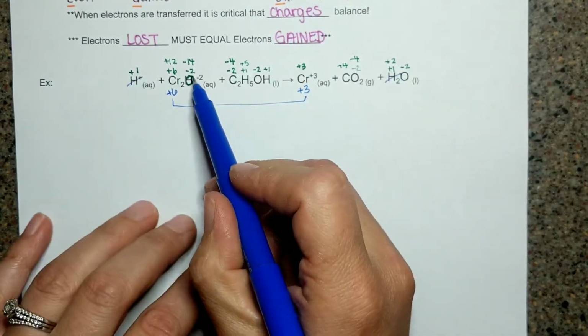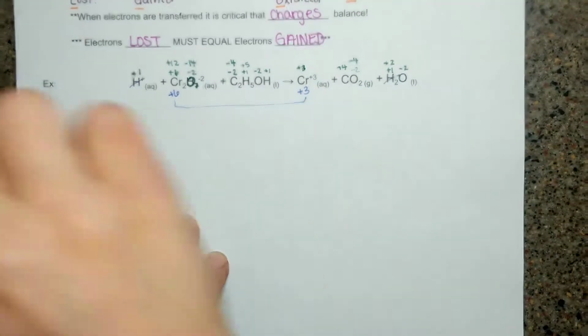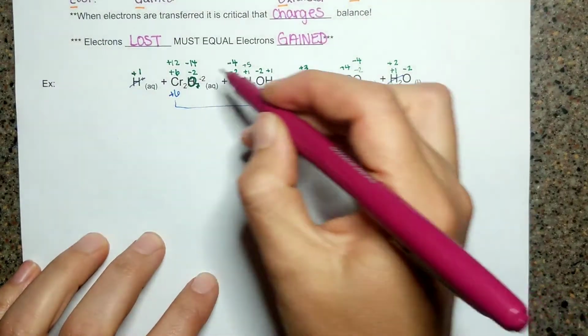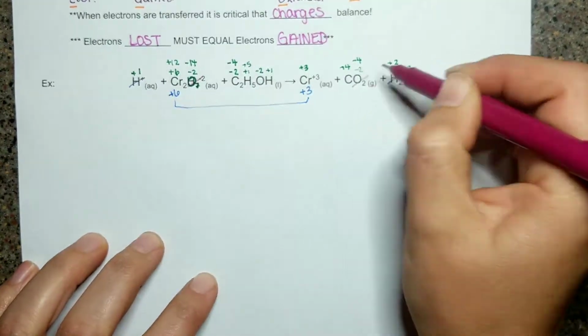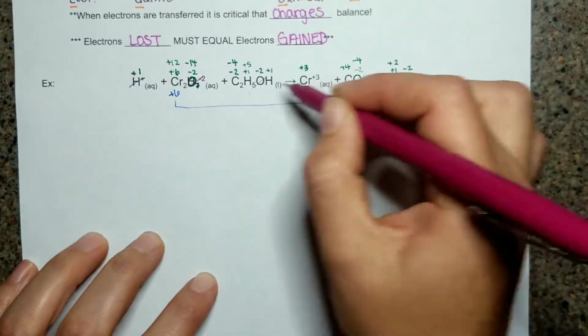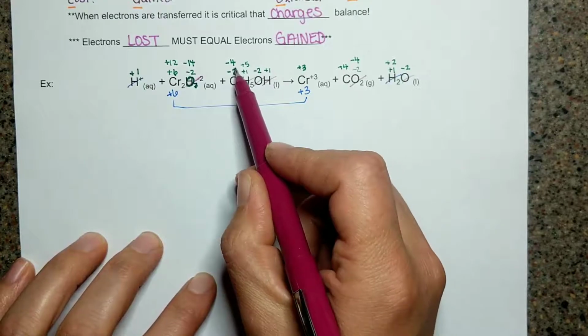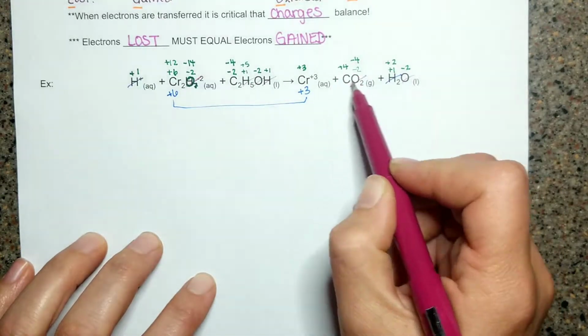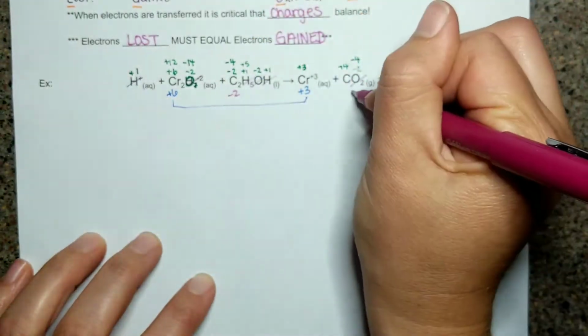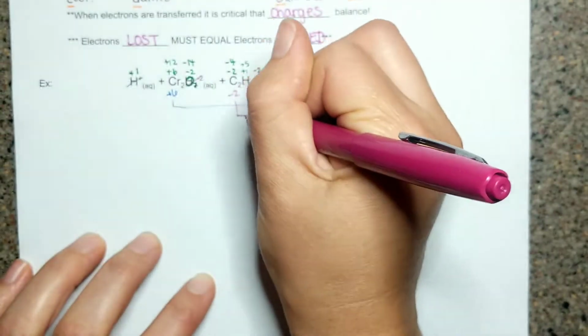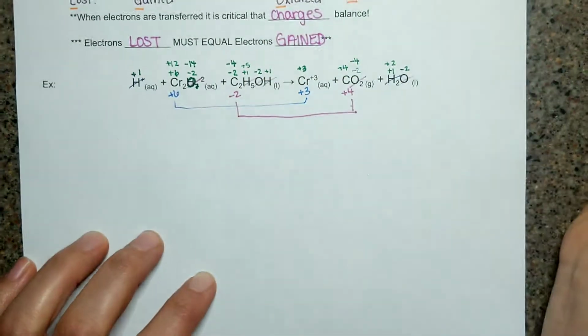And my oxygen is staying the same every time, so I don't have to worry about that. Same thing here, oxygen stays the same, hydrogen staying the same. So then I check my carbon. My carbon's going from -2 to +4. So that one is also changing.